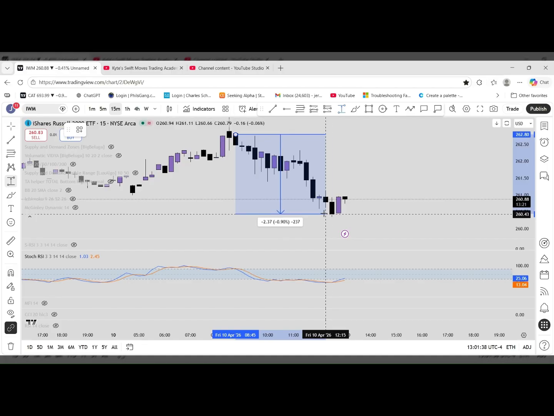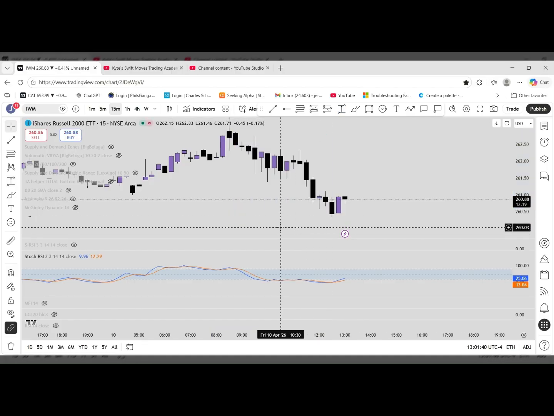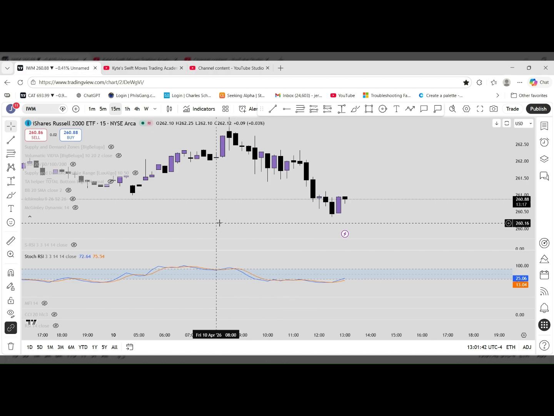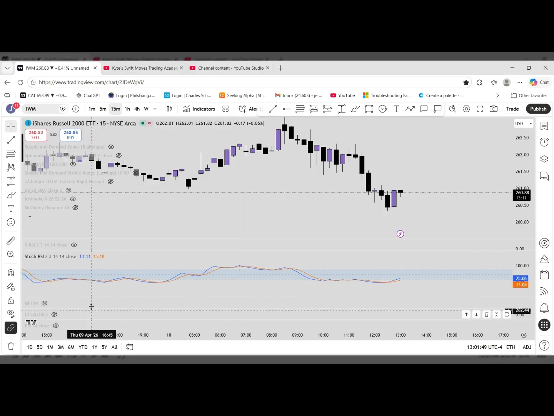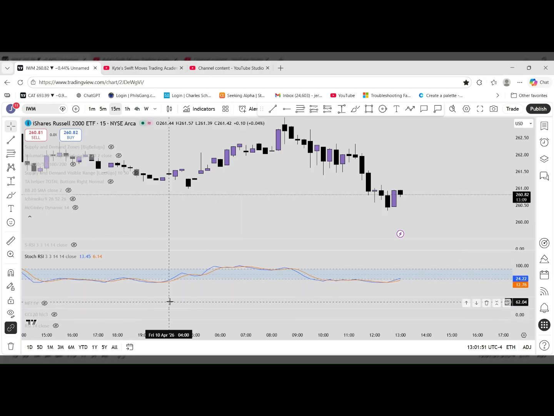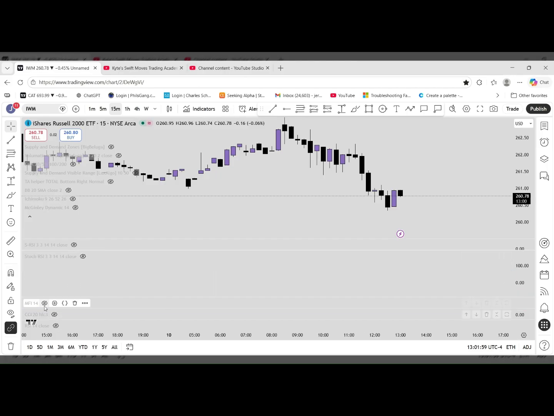But anyhow, the stochastic is a pretty cool tool to use. Now, in my normal configuration, I wouldn't have so many indicators sitting here installed. What I would do is delete them, but I wanted to be able to show you quickly some of these different indicators.